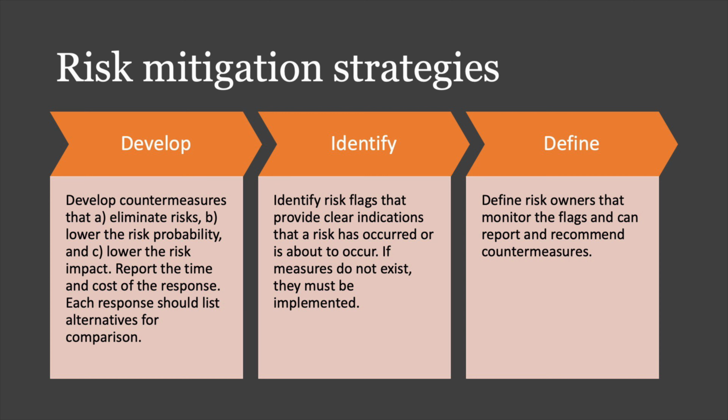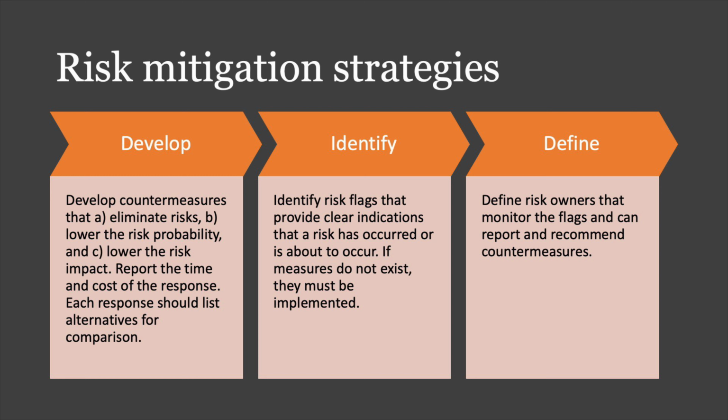The first one, obviously just mentioned, is developing risk countermeasures. So there are a couple of rules that the countermeasures should follow. One is that they should eliminate the risk if we can. They should lower the risk probability, and they should lower the risk impact. Now, we want to report the time and the cost of each of the responses.